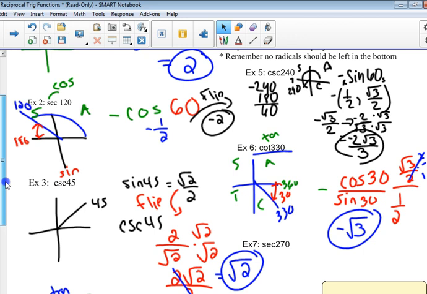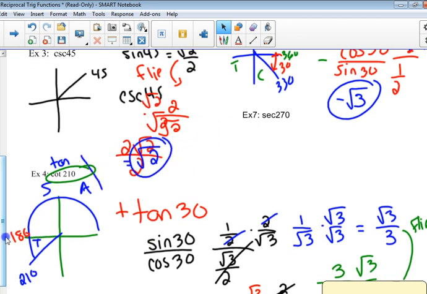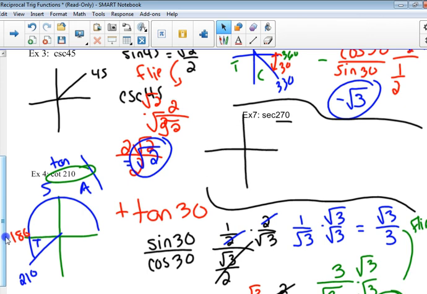I just want to quickly talk about this secant of 270 because I know we didn't really like using those weird numbers like this. If you have something with a 270, a 360, a 180, a 0, draw your picture. So here's 270. Your ordered pair is 0, -1, because you're not going left or right, you're going down 1. Secant really corresponds with the cosine.